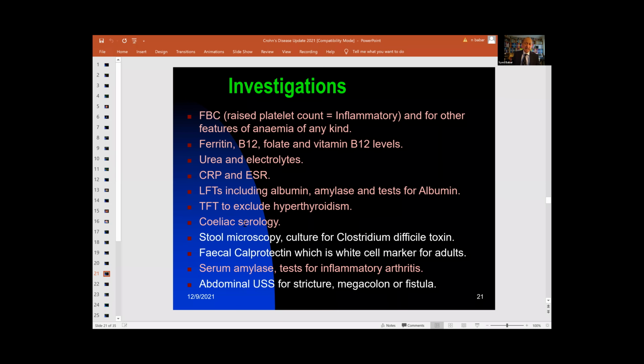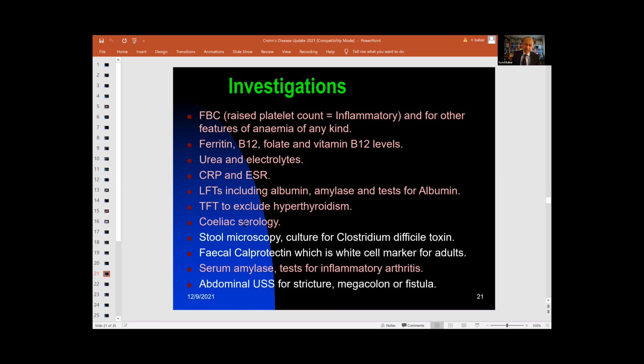C-reactive protein and erythrocyte sedimentation rate are commonly done as inflammatory markers in a relapse. They are good measures of seeing the progress to worsening or improvement. Liver function tests, including albumin, should be done.